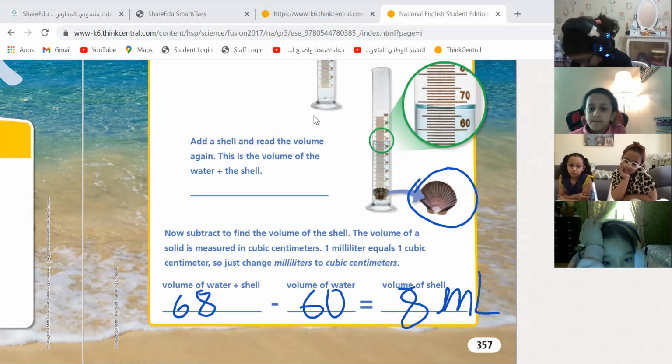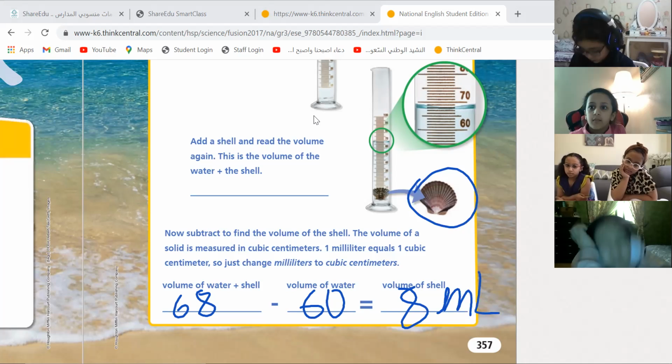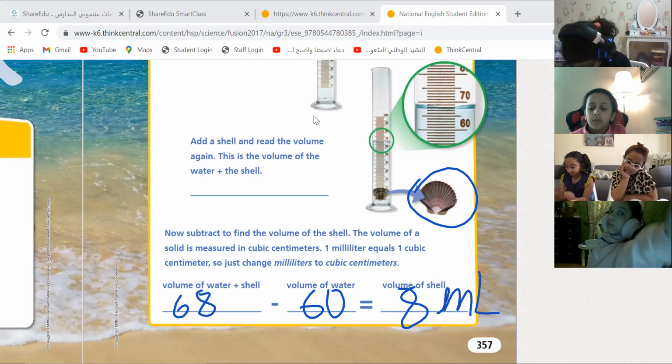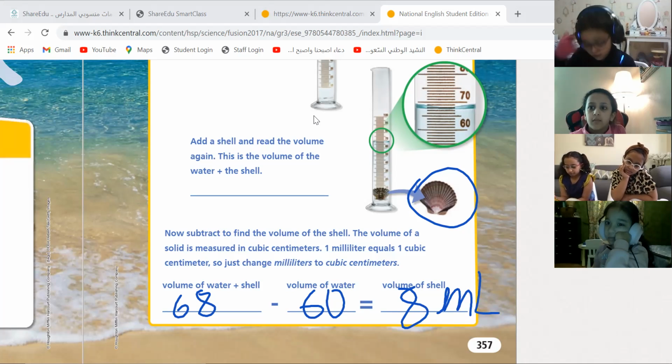If you are measuring a liquid, you are going to use liters or milliliters. You always see it when you drink a bottle of juice or a small can or bottle of milk: you always see the volume of this milk. How much milk is inside the box? You will see 200 milliliters or sometimes 150 milliliters.